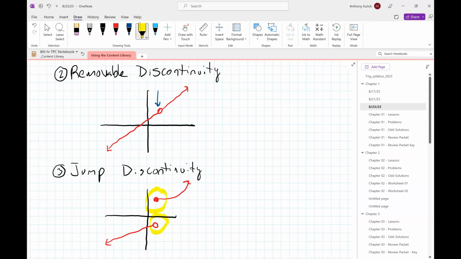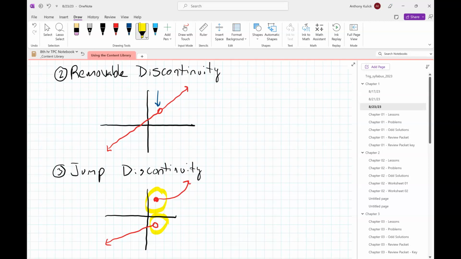So note here, I have the ends of my jump discontinuity. One is open and one is closed. Does it matter which one would be open and which one would be closed? No, it would still be a jump discontinuity. Could they both be open? Sure, that's okay. Could they both be closed?